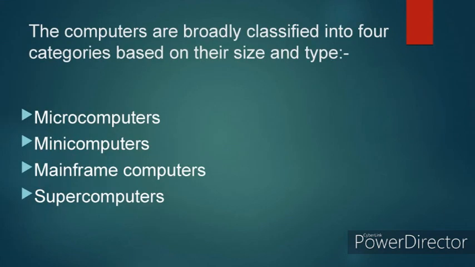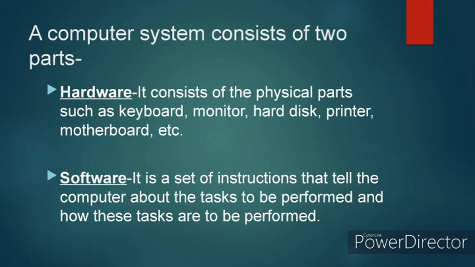Now, computers are broadly classified into four categories based on their size and type. First, microcomputer. Second, minicomputer. Third, mainframe computer. Fourth, supercomputer. A computer system consists of two parts.